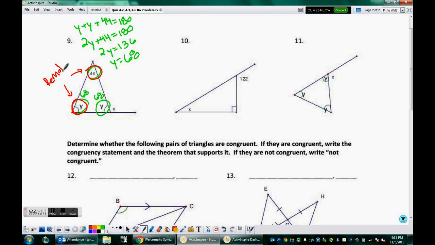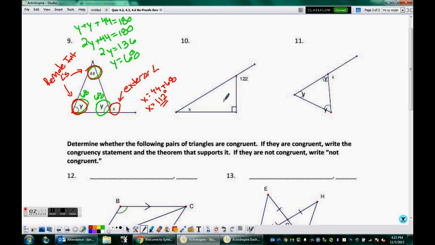So these are my remote interior angles, they have to add up to be my exterior angle. So in this case, I've got x is going to be 44 plus 68. So it is 112 degrees.